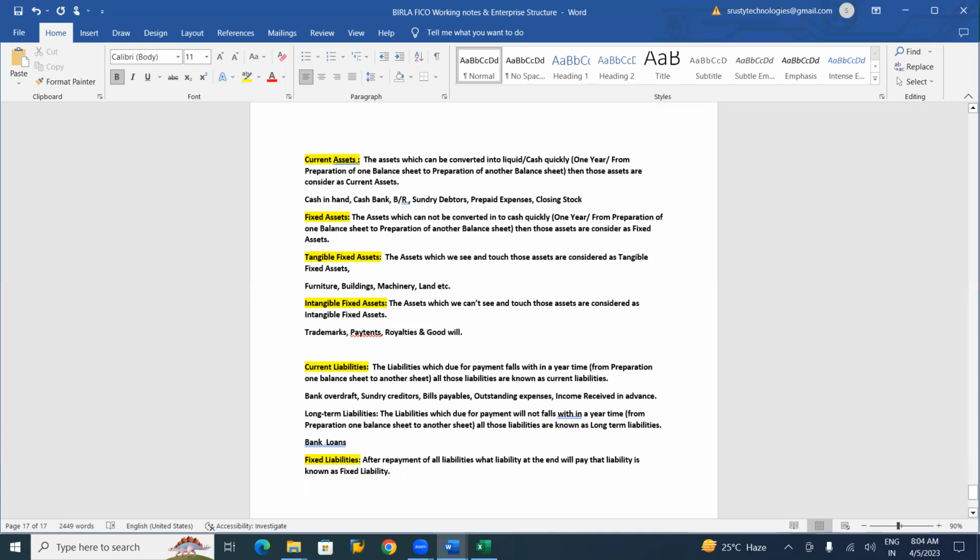After that, we will pay the long-term liabilities. At the end, whatever amount is left will be returned to the owner of the business. At the end, not at the start; we won't repay him first. After payment of current liabilities and long-term liabilities, next we pay the owner. That is nothing but capital. So generally, capital is considered a fixed liability.